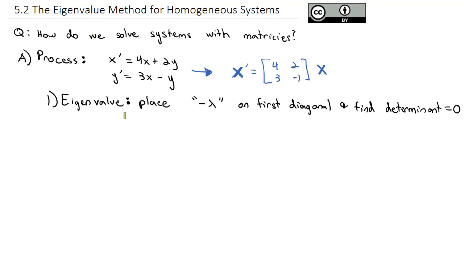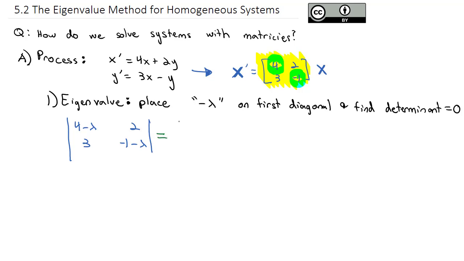What do I mean by that? Well, we're going to take this matrix that we found, the 4, 2, 3, negative 1, and subtract the lambda from this first diagonal, the 4 and the negative 1. So we're finding the determinant of 4 minus lambda, 2, 3, and negative 1 minus lambda. And we want to know when that determinant is equal to 0.